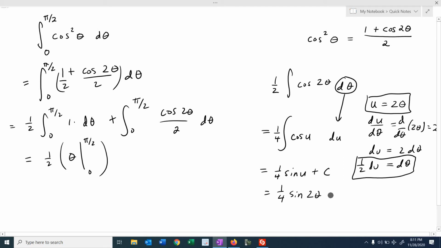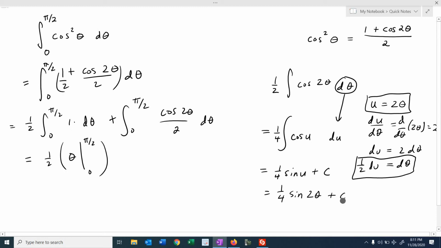Plus any constant. Now going back to this definite integral, this function happens to be continuous on this interval, so we can use the fundamental theorem of calculus to evaluate this. And we just need any antiderivative of this function.